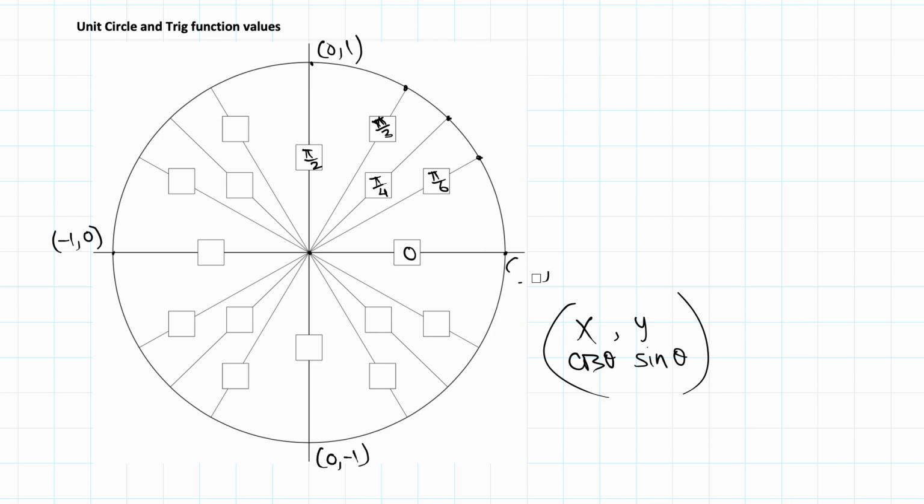But for other angles, if we can figure out these angles, then we should be able to figure out the other angles as well. This is 90, so cosine of pi over 2 is 0, and sine of 90 is 1.